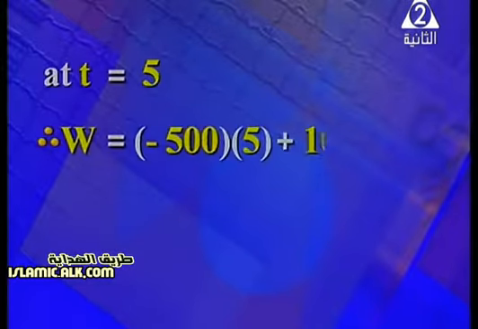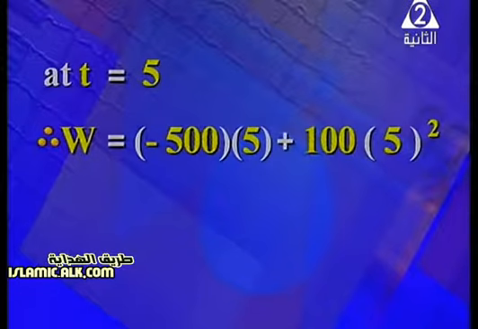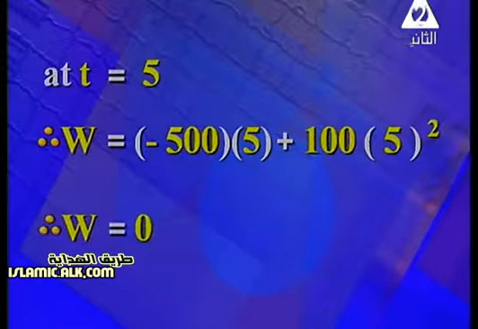At t equals 5, by using t equals 5, W equals negative 500 times 5 plus 100 times 5 squared. Remember, in this case the work is equal to 0. Why? Because negative 500 times 5 equals negative 2500, and plus 2500, the answer equals 0.